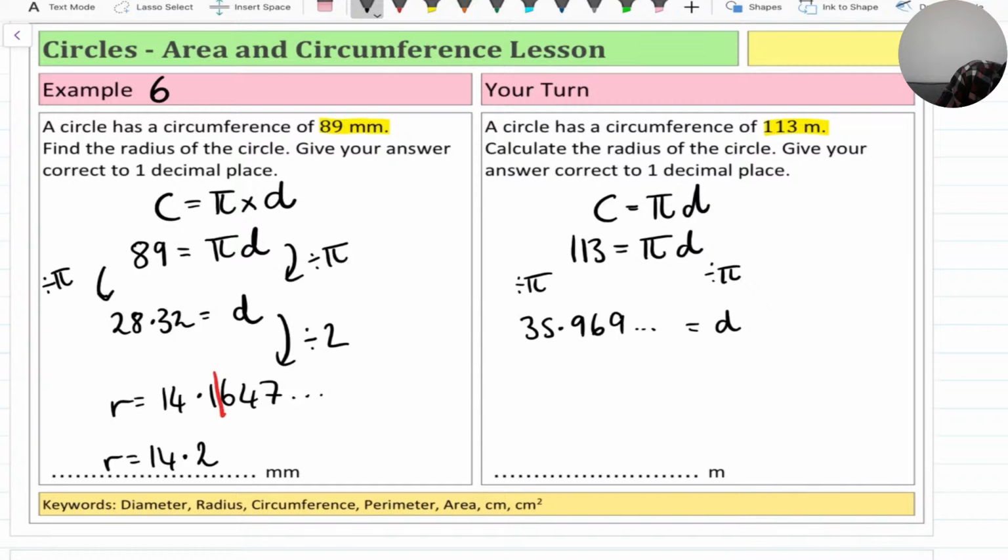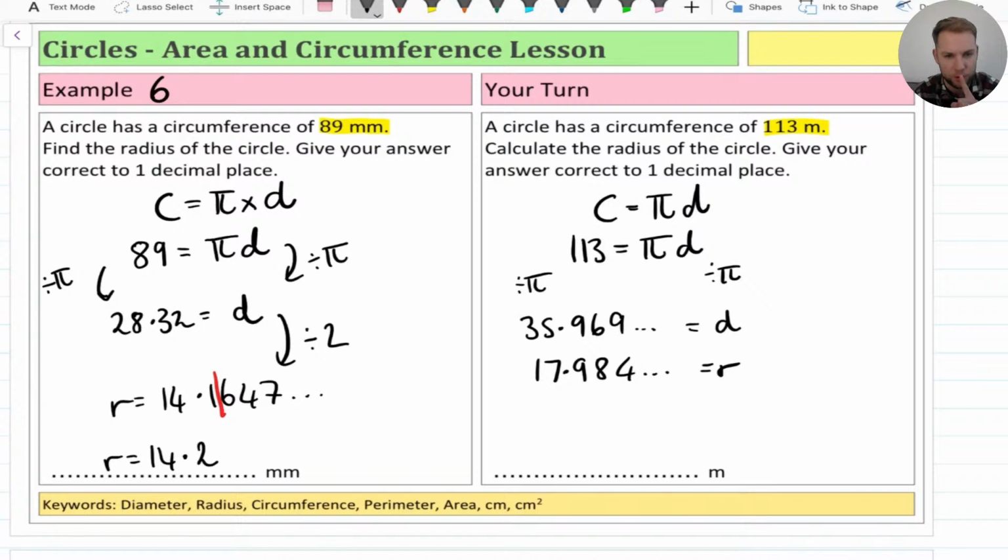So 113 divided by pi is equal to 35.969, continuing on, is equal to d. I'll divide that by 2, which gives me my radius is equal to 17.984, continuing on.